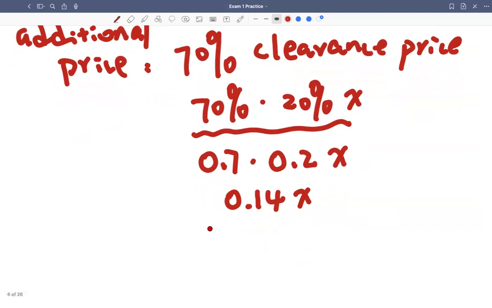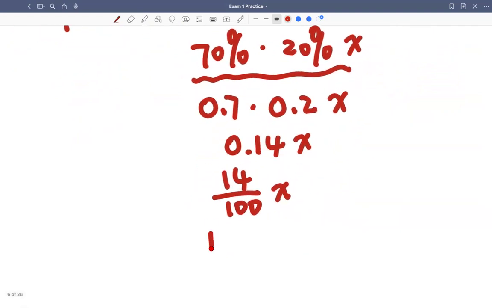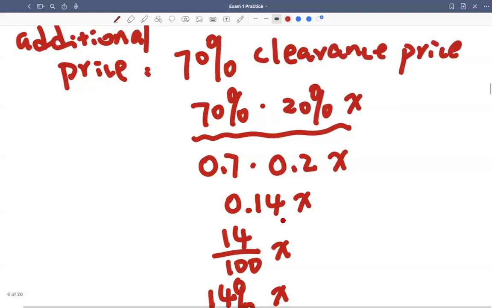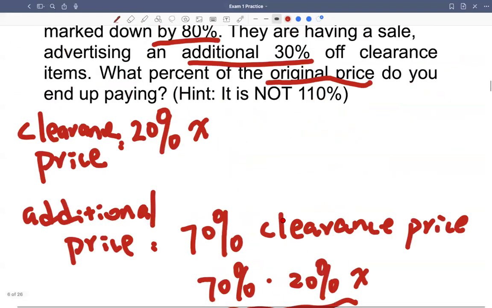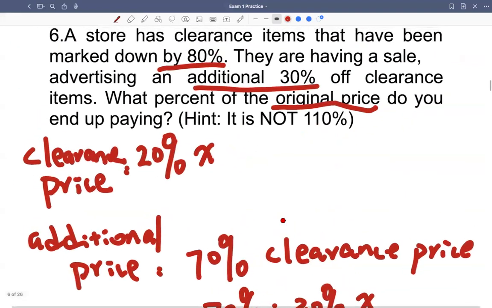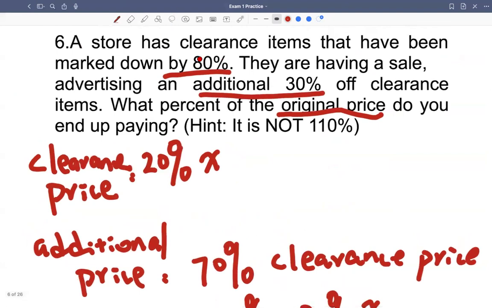In percentage, 0.14 is 14% of the original price. Or we write it down as 14% of the original price. So the answer is: first 80% off the original price, then an additional 30% off the clearance price.